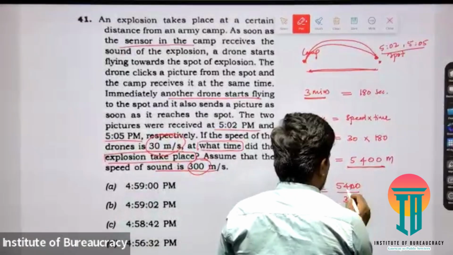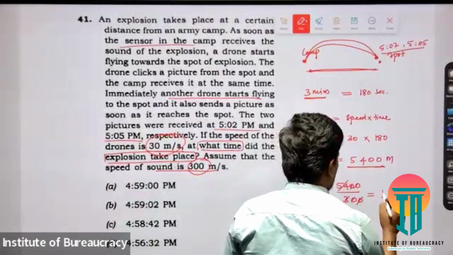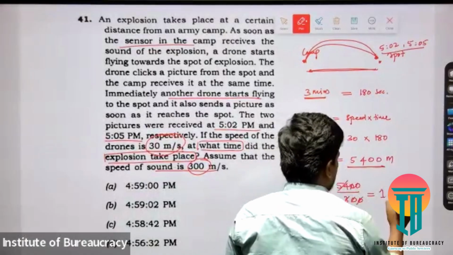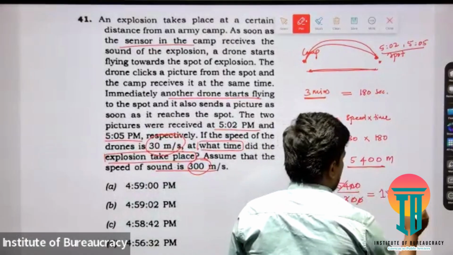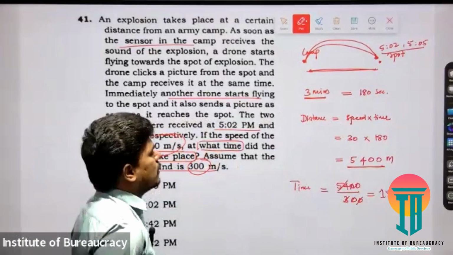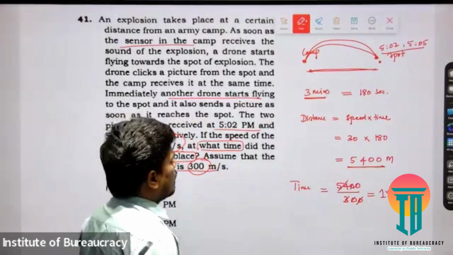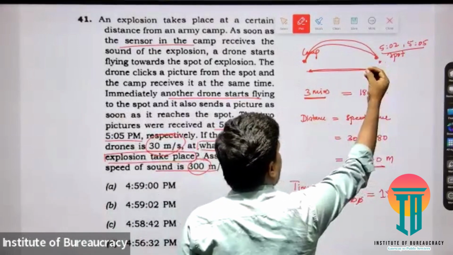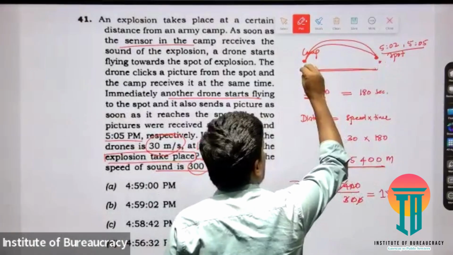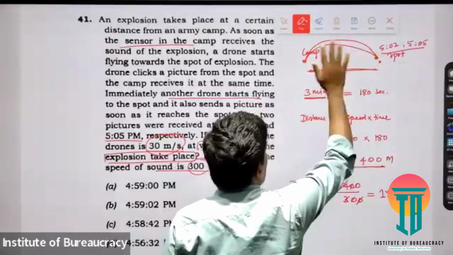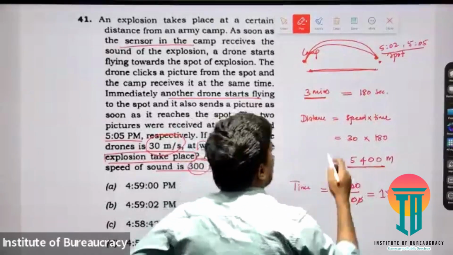Therefore this is going to be 18 seconds it has taken to reach. So the explosion would have happened, then 18 seconds the sound would have traveled, then the drone would have taken the picture.